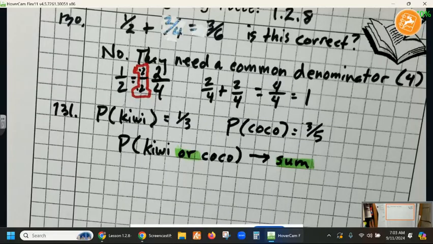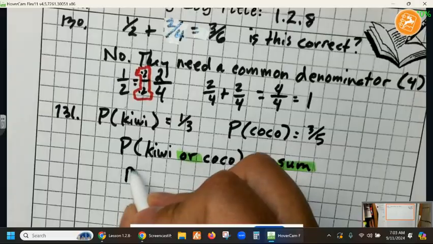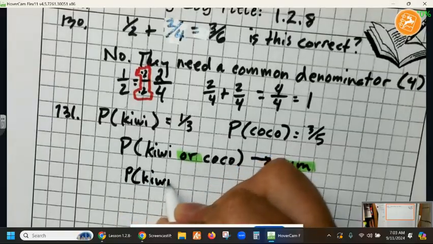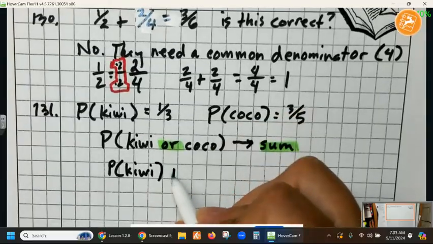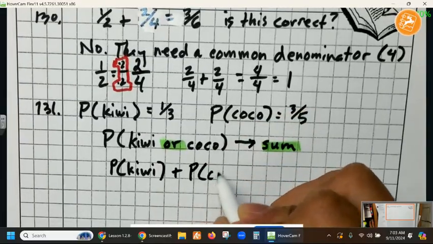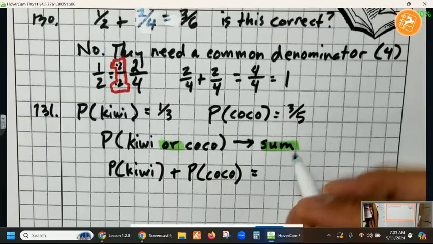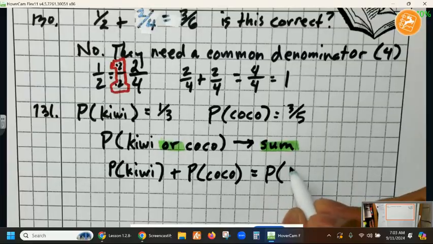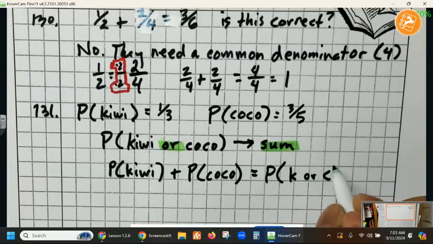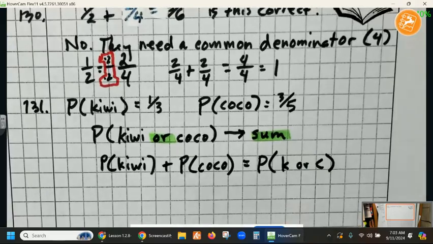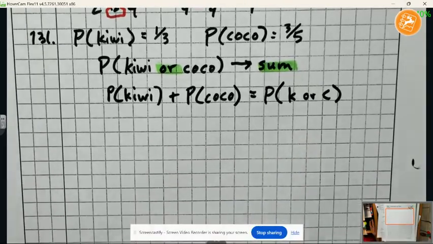So that means we are taking the probability of kiwi and we are adding it to the probability of coconut, right? And this will be the probability of kiwi or coconut. All right, I'm shortening it a little bit more. So let's go ahead and work that out.